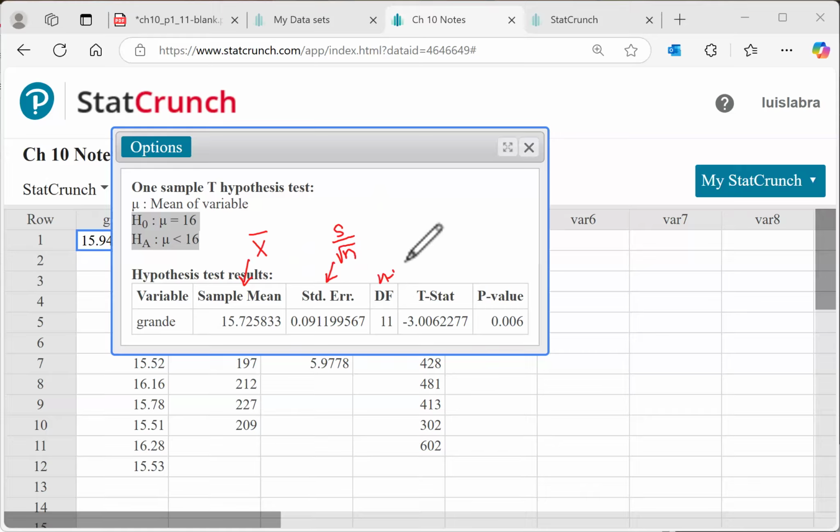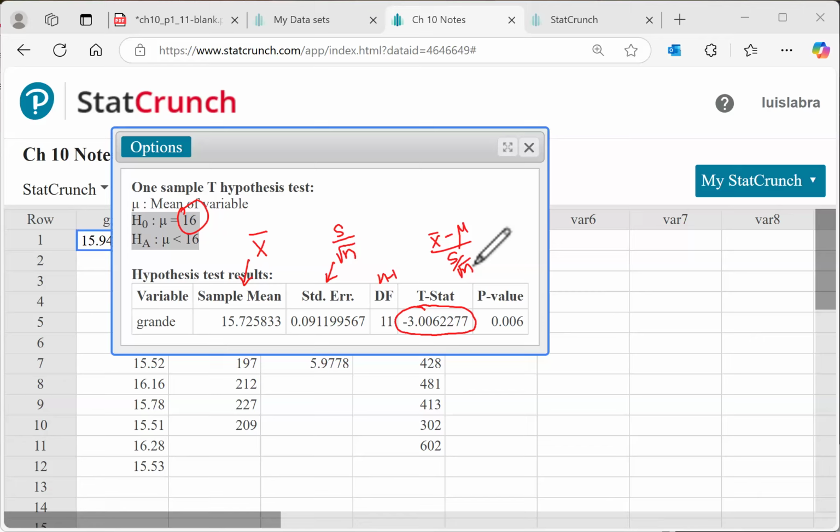So that's N minus 1. And finally, here is your test statistic. This test statistic is literally X bar minus mu, that's claimed right here, over S over square root of N.